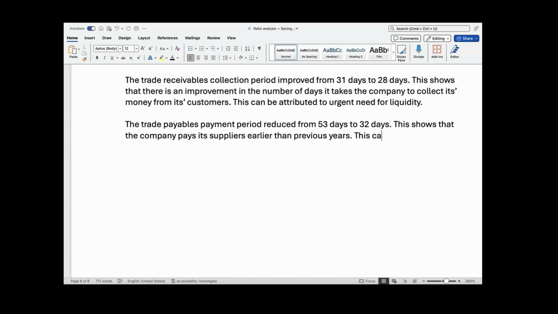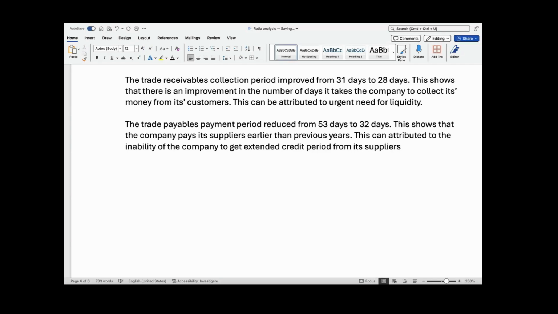This can be attributed to the inability of the company to get an extended credit period from its suppliers.